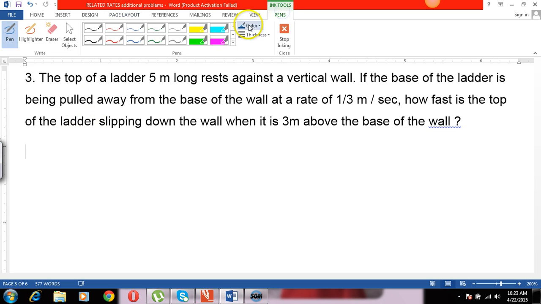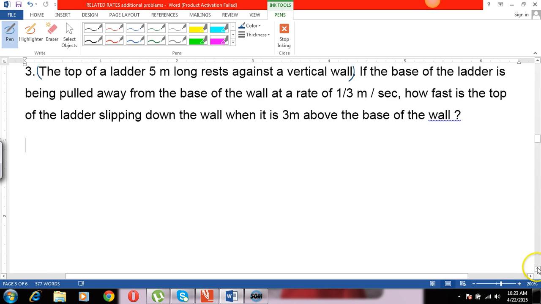Right. Okay, first of all, look at the first sentence. The top of the ladder. I recommend you draw the ladder first. Okay, this is the ladder. Sorry for the bad drawing.